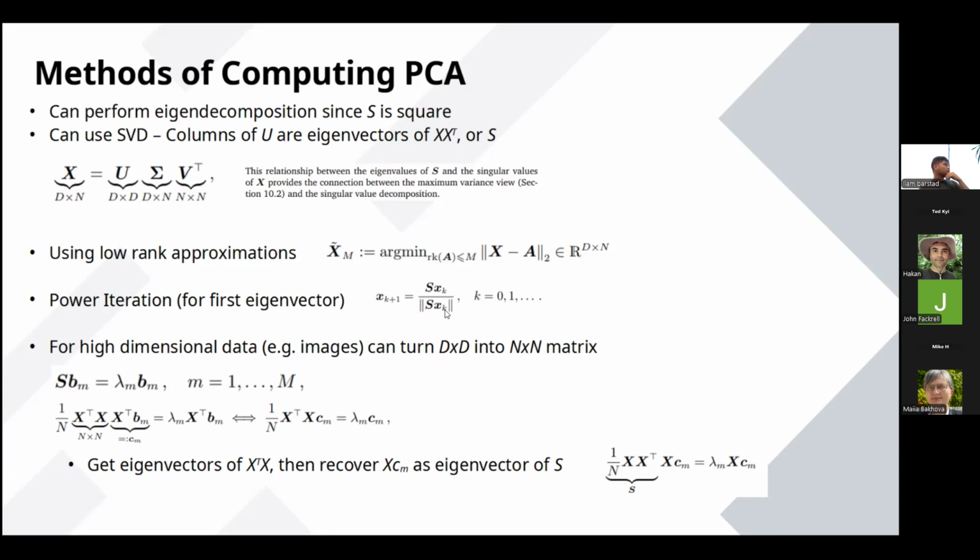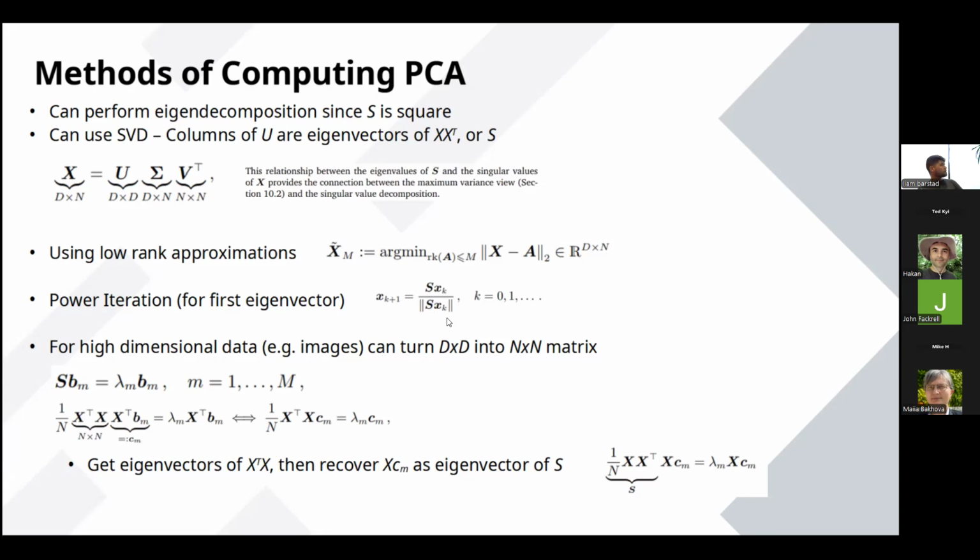This is power iteration. It gets you the first eigenvector, the most prominent one. And apparently they use this in Google PageRank. So you take some random vector, and then you modify it.